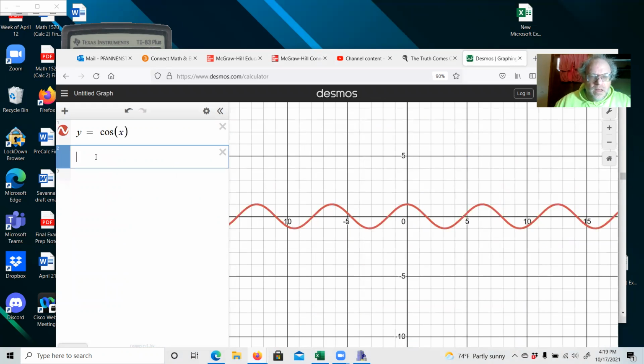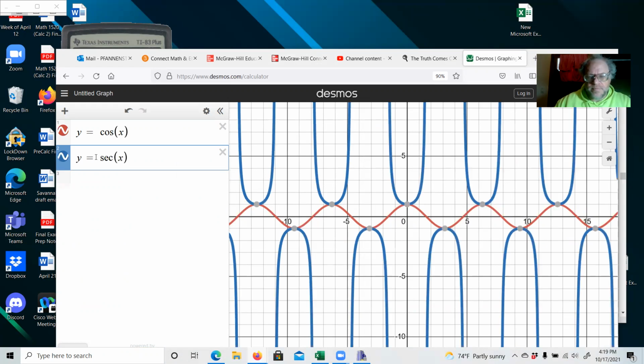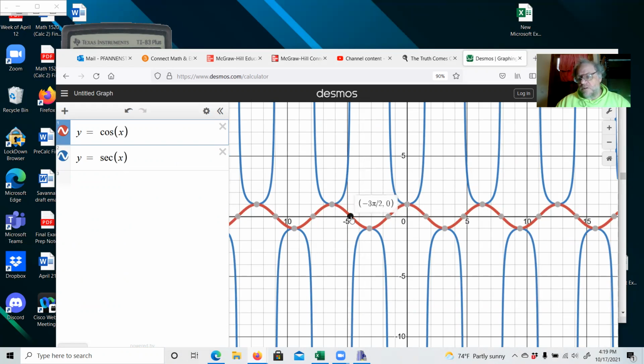Okay, and then we're going to say y is equal to secant. So you can see this wave thing goes on and on and on forever. When we have our intercept here, that's one of our asymptotes. Okay, and this will go on forever.